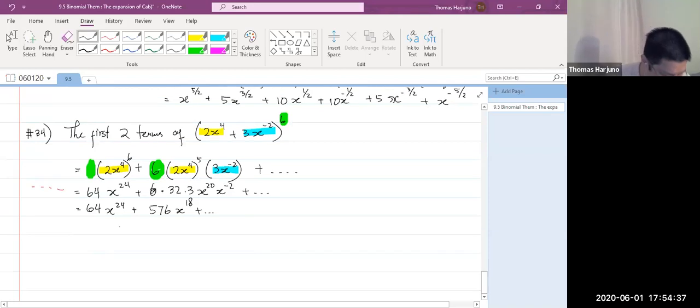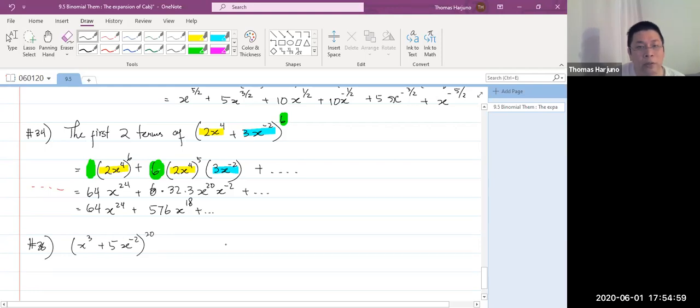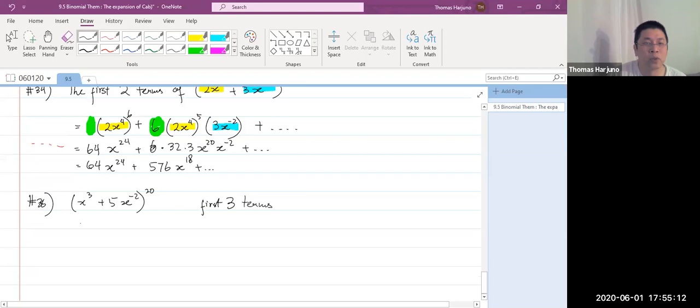Number 36. x cubed plus 5x to the negative 2, to the power of 20, and we need the first 3 terms.